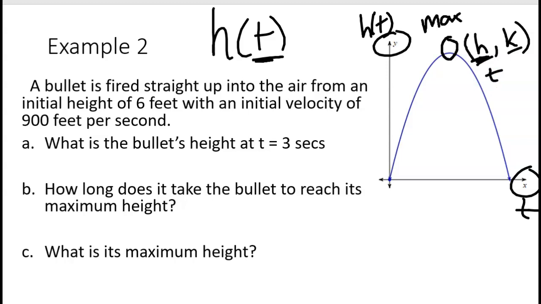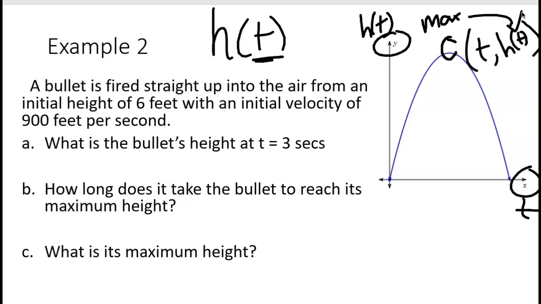So to keep it from being confusing, instead of using h for this, I'm just going to put t here instead. And then the k part, which is the y value of your vertex, is the height. So I'm just going to go ahead and put h of t here. So the max is located at the vertex, and specifically the maximum value is the height, or the y value at that point.